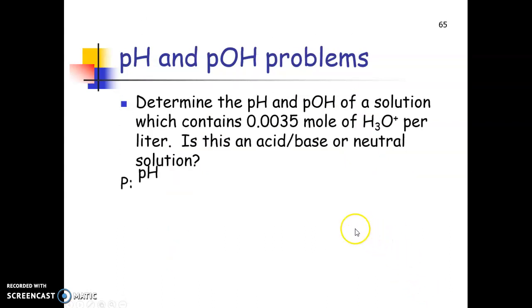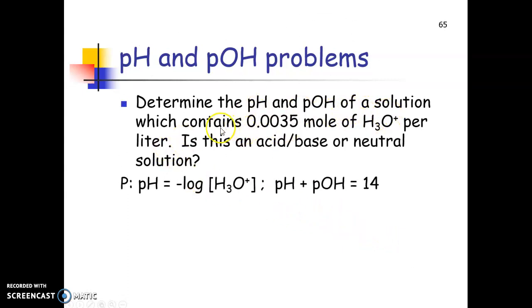Alright, so we're going to determine the pH and pOH of a solution which contains 0.035 mole of hydronium per liter, and then is this an acid, base, or neutral solution? So our plan here is that we need to first find the pH from the H3O+, and then we're going to use pH plus pOH equals 14 to get to the pOH.